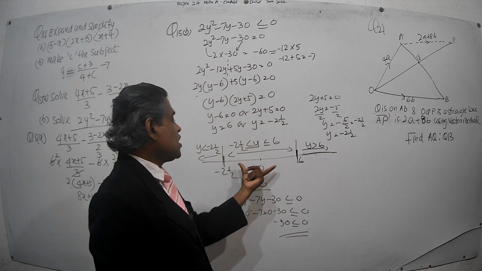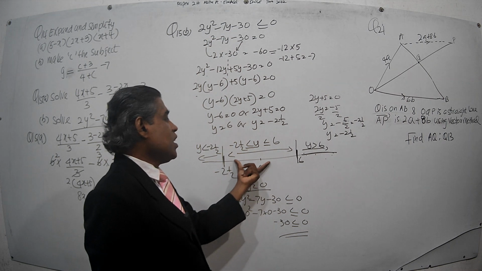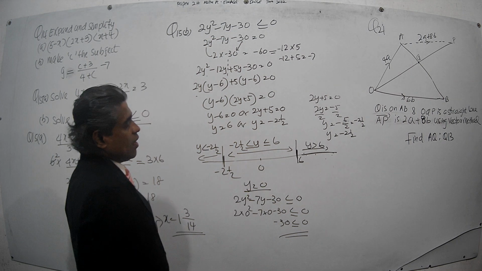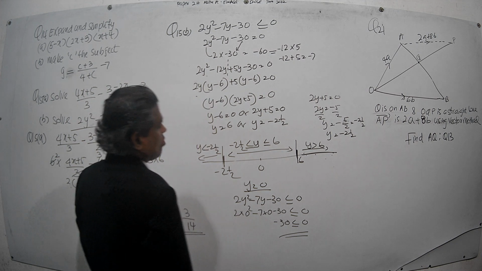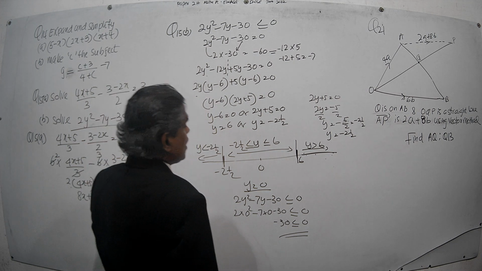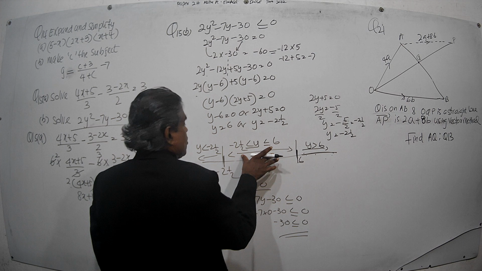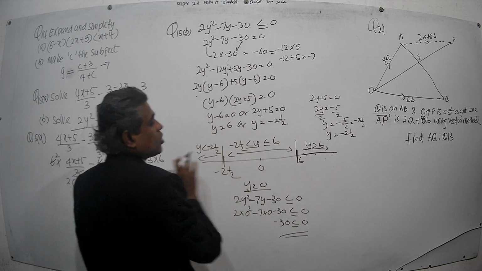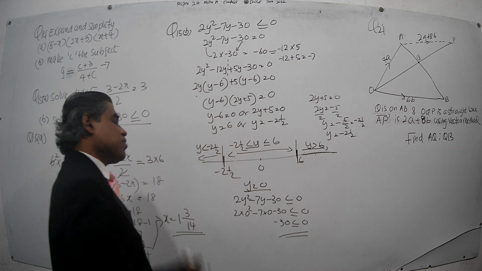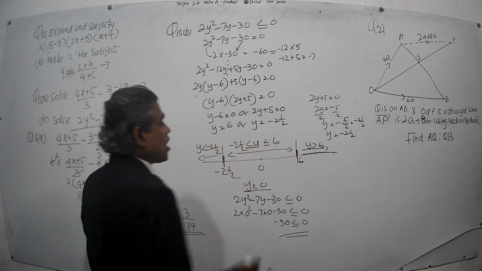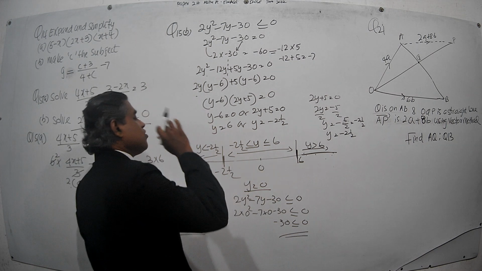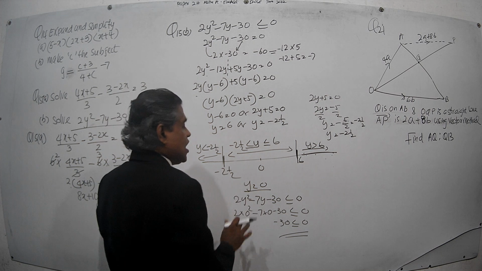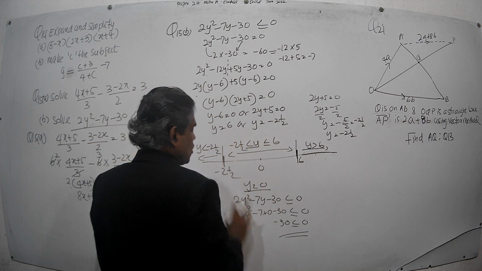Therefore, the solution is this. That's all. In solving quadratic inequalities, if this middle part satisfies the inequality, then these two parts do not satisfy. That is what happens definitely. Therefore, if the middle part satisfies, then without any hesitation, take that as the solution.